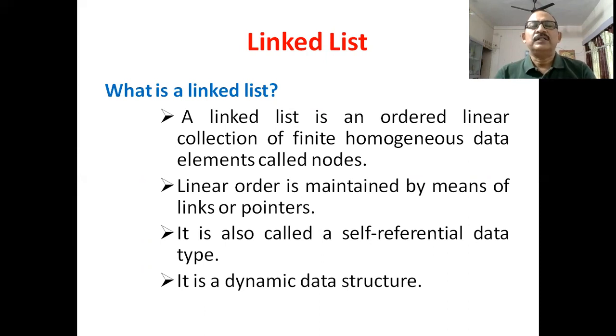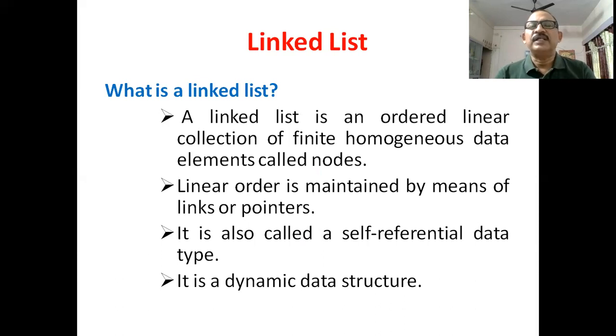The first field contains the information and the other field contains a pointer. Each node points to another node which is of the same type. That's why a linked list is also called a self-referential data type.